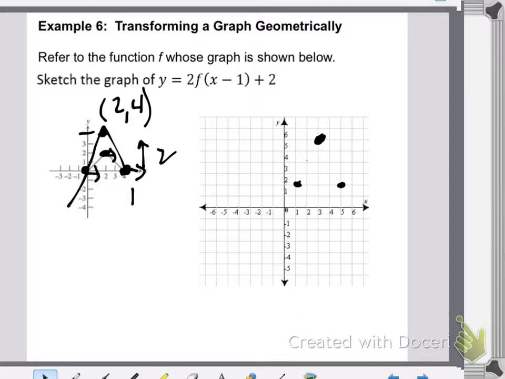Okay, now let's see. So this sort of goes off the tracks here. Alright, so this point was (-1, -2). So now we go right 1, up 2.